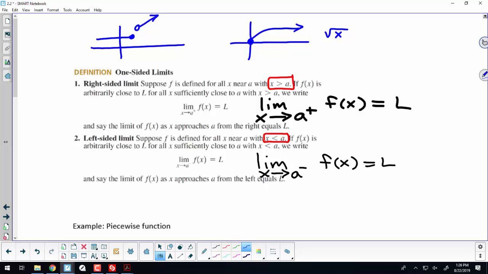So in certain instances, it only makes sense to approach a value from one direction, because in fact, that's the only direction you can approach it from, right? Like if I said on the square root function, let x approach 0 from the left, well, there is no function over there. There is no road to travel along on the left side of that. So oftentimes one-sided limits are needed.